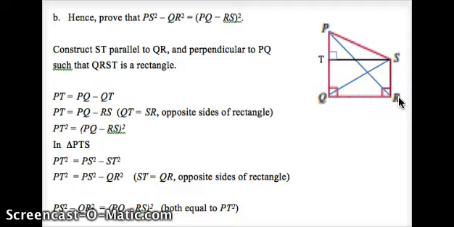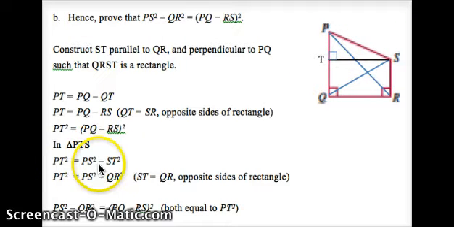Now they don't seem to be in the same triangle, to use Pythagoras' theorem, but QR is actually the same length as ST. So if we want to say PS squared minus QR squared, it's really the same as saying PS squared minus ST squared, because ST and QR are the same lengths. So what we're going to do, we're going to start off in this triangle PTS. So in triangle PTS, we know that PT squared is PS squared minus ST squared.